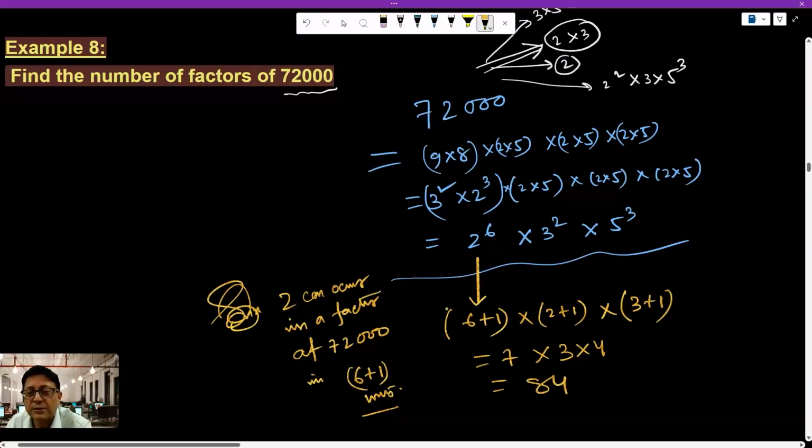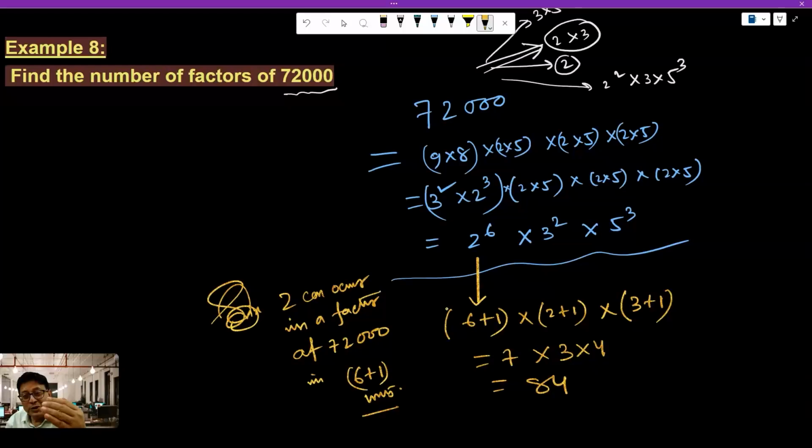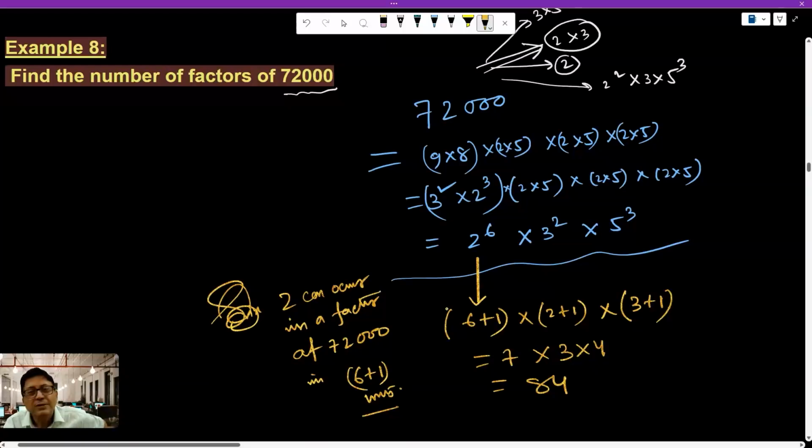84 ways. But again there is a possibility, like blowing up the lamp. Maybe you have not taken a 2, maybe you have not taken a 3, maybe you have not taken a 5. You have not considered any prime factors. That is not possible, so I have to subtract 1.